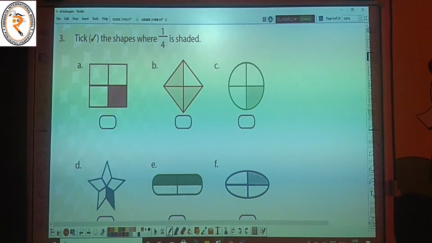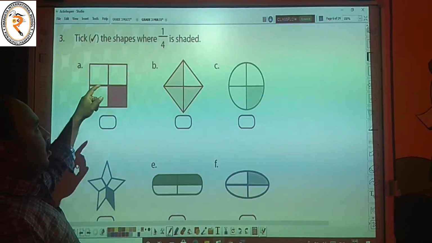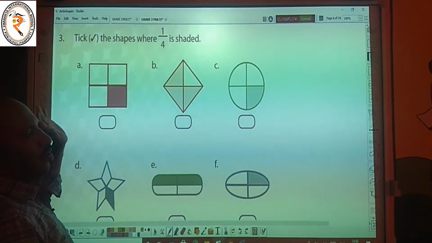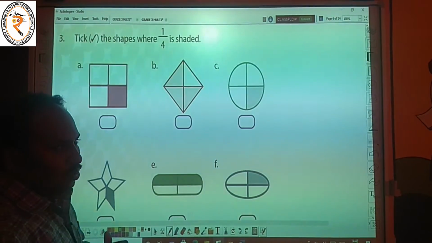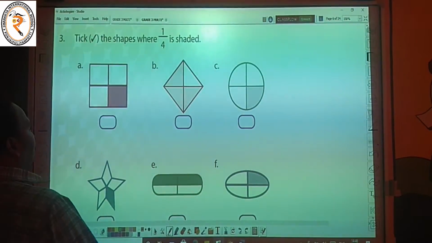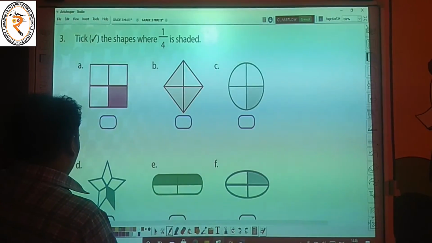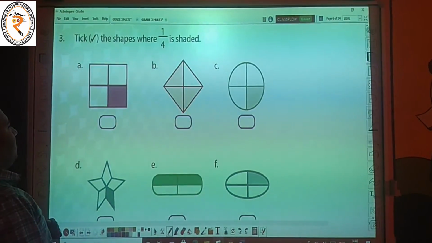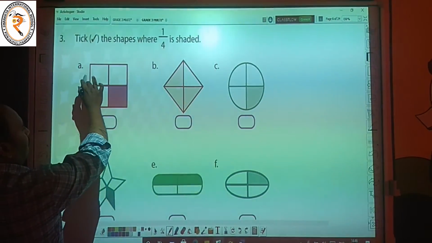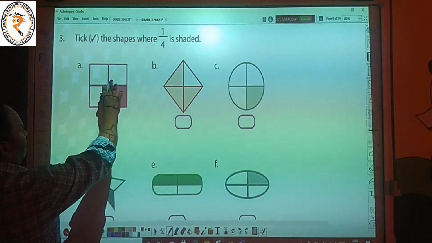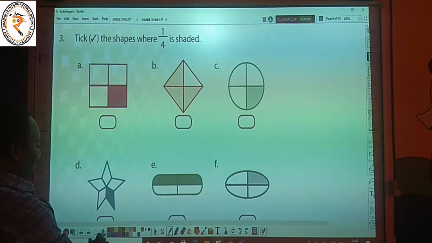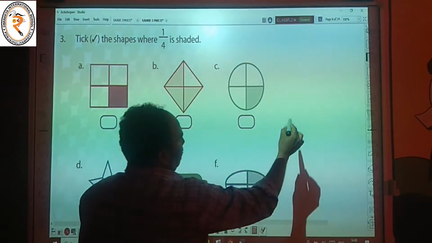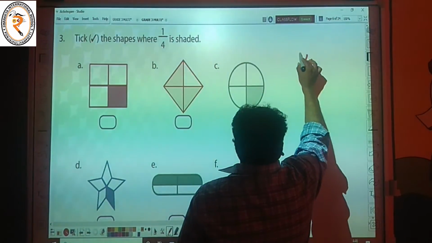Question number 3. Tick the cells where 1 by 4 is shaded. First one, A. We have 1, 2, 3, 4. 4 parts, that means the denominator is 4.